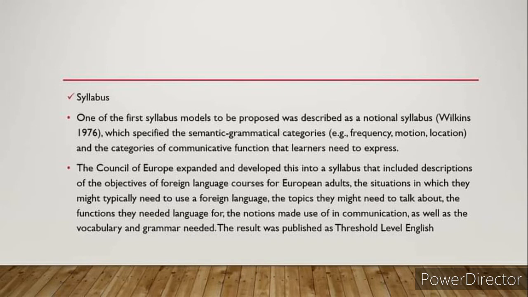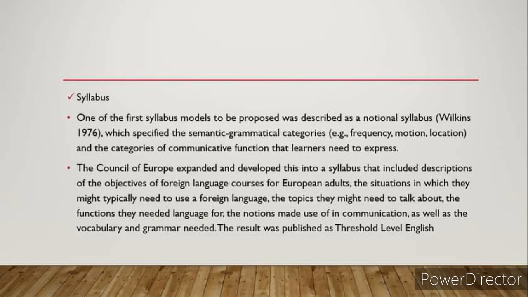Syllabus. One of the first syllabus models to be proposed was described as the notional syllabus, Wilkins 1976, which specified the semantic-grammatical categories, for example frequency, motion, location, and the categories of communicative function that learners need to express.